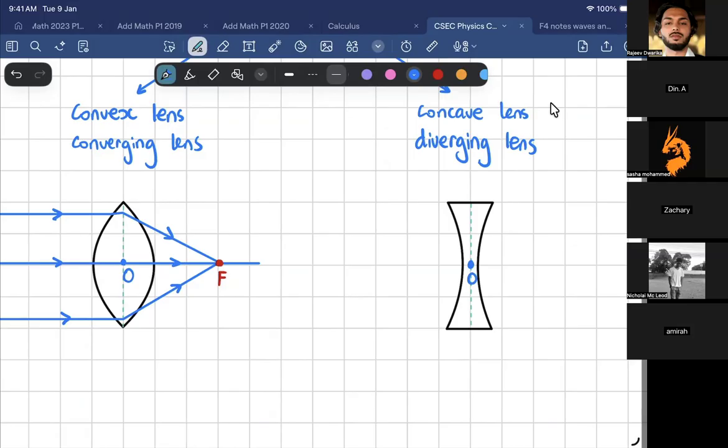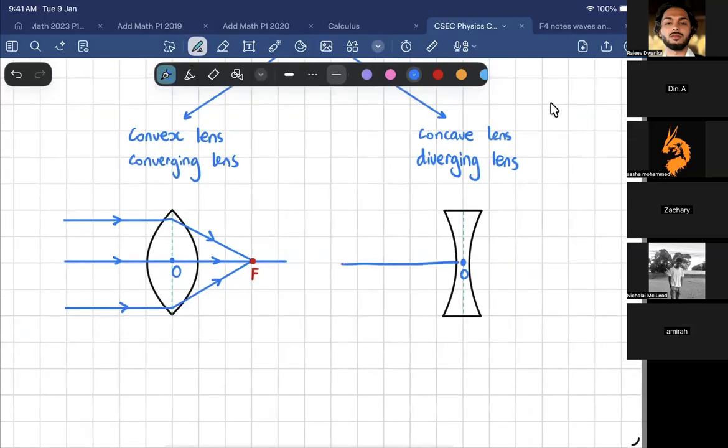Now, this one is a bit harder to catch, but I still think y'all could figure it out. Any light ray that passes through the optical center goes straight through. Could you see that the light ray is just going to go straight through because it passed through the optical center? Yes, sir. Okay.